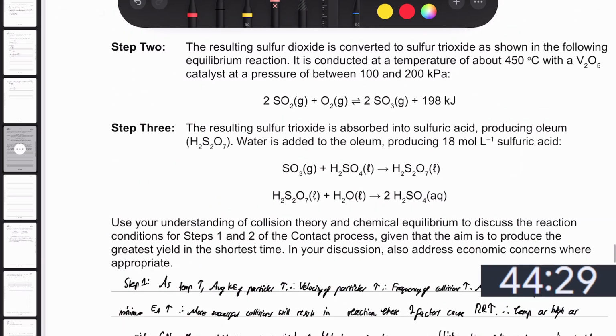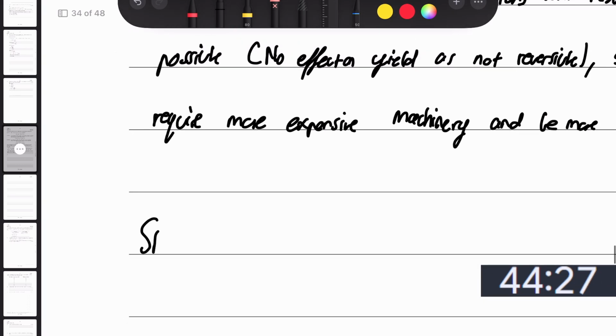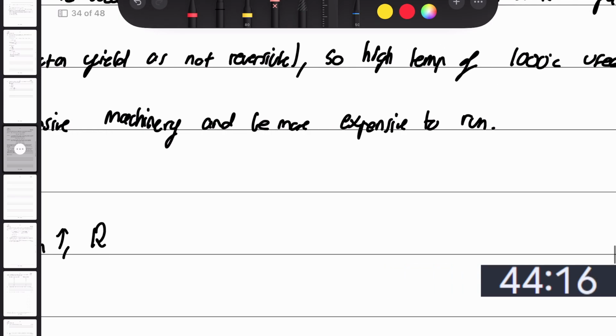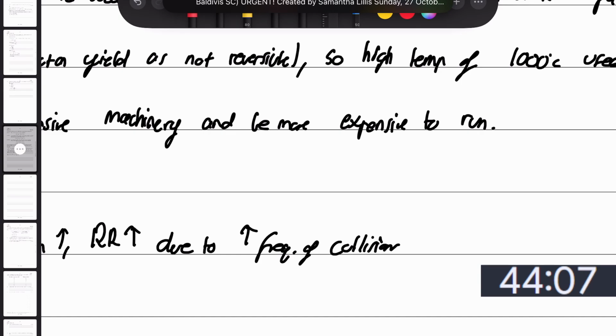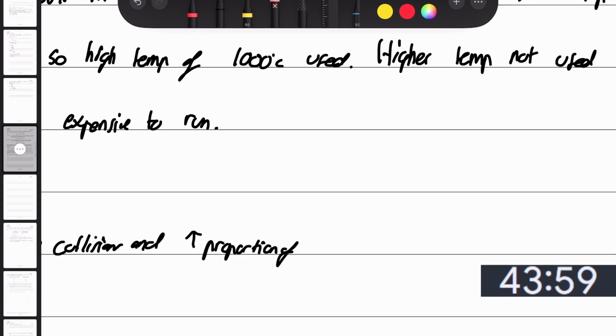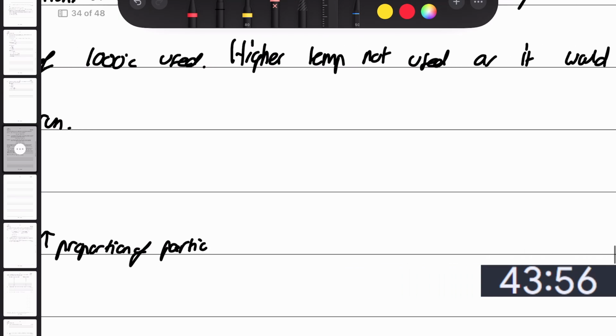Okay, so then step 2, we have a lot to talk about. Step 2. As temperature increases, reaction rate would increase due to increased frequency of collisions and increased proportion of particles with minimum activation energy.